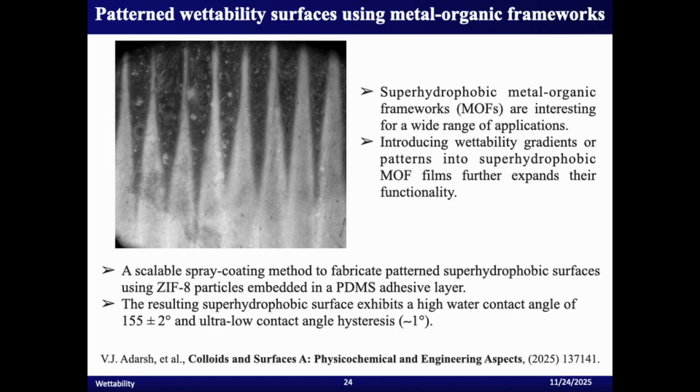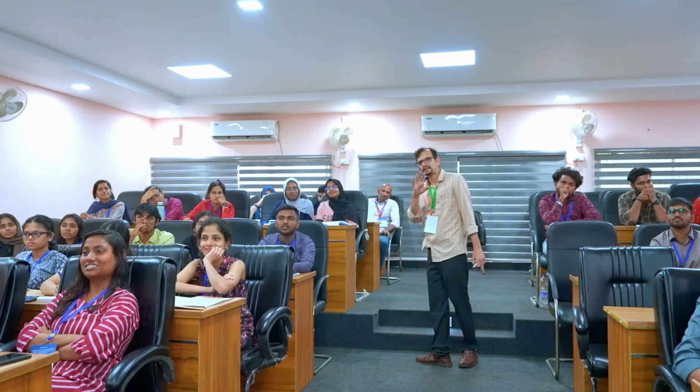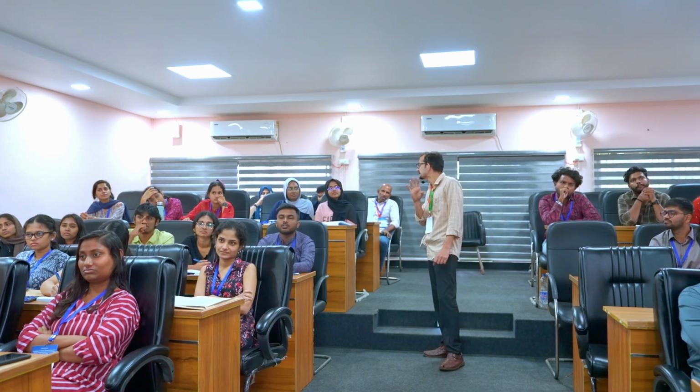This is one anisotropic structure we fabricated and published recently in Colloids and Surfaces A. You can see this kind of triangular structures. The white structures you are seeing are superhydrophobic.